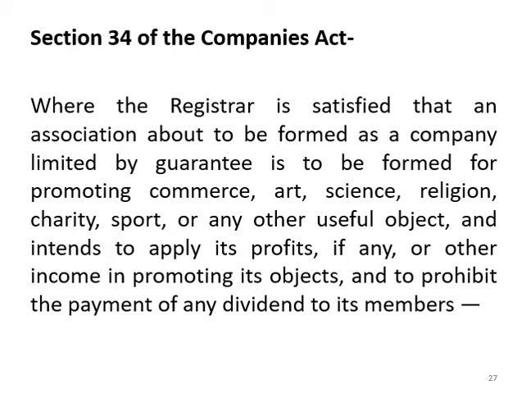Now when you see this one, the Registrar General or the Registrar of Companies must satisfy the following things. The first thing is an association about to be formed as a company limited by guarantee, that's the general company, is to be formed for promoting commerce, arts, science, religion, charity, sports, any other useful object.